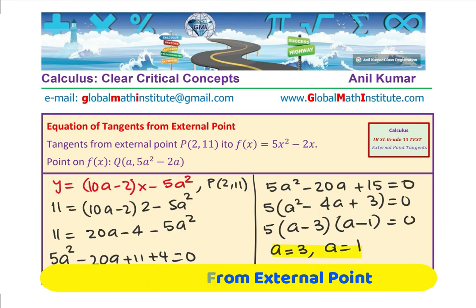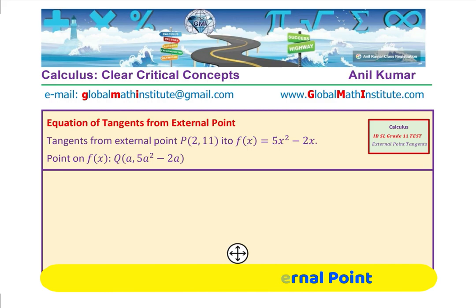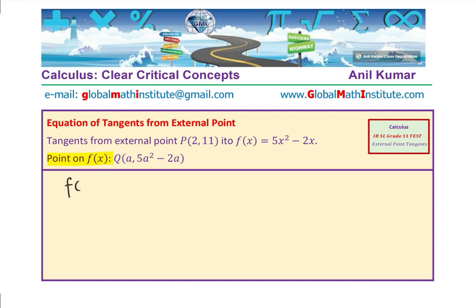Right. So let's move on and get the required points, because the question is asking for points on f of x, right? So we got the x values. We know the function f of x is equal to 5x squared minus 2x, and f of 1 is what?